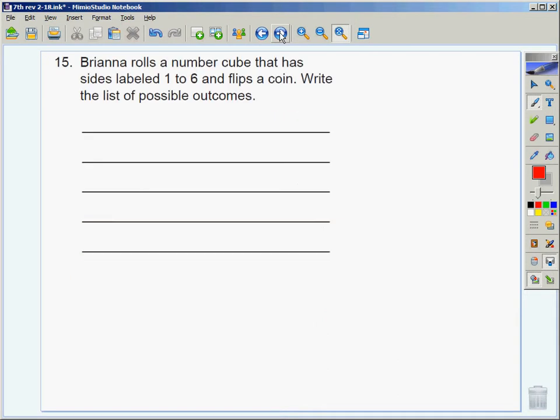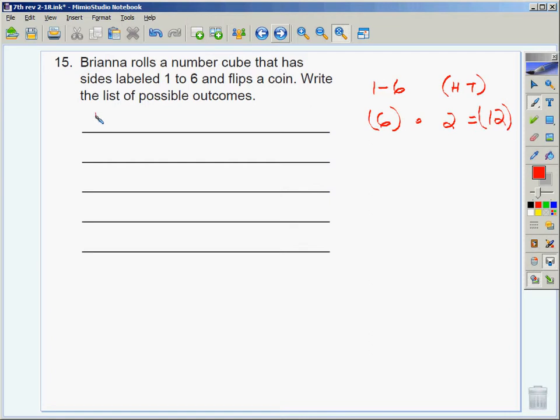Brianna rolls a number cube that has sides labeled 1 through 6 and flips a coin. So if it's labeled 1 through 6, there's 6 possibilities. And if I'm flipping a coin, it has heads and tails. There's 2 possibilities. So when I get done, I should have 12 different things that I've listed.